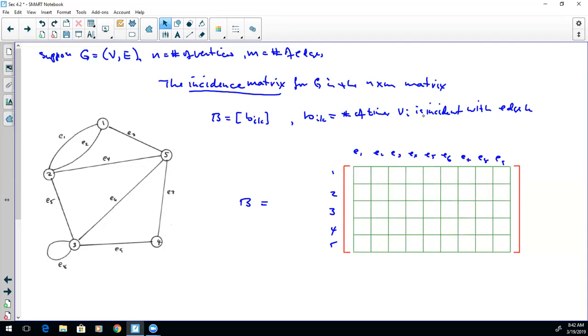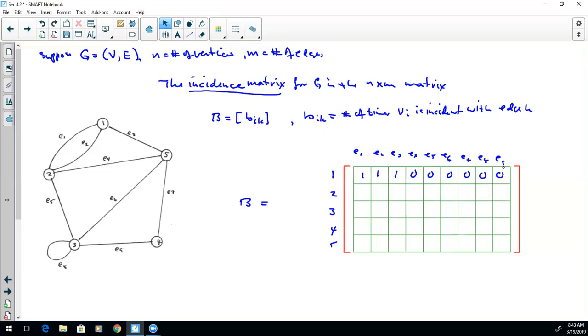If we take a look at vertex 1, does edge 1 touch vertex 1? Sure, one time. E2 is an edge that has vertex 1, so it's 1. E3 is 1 as well. Edge 4 does not touch vertex 1, so I put a 0 there. Nor does edge 5, 6, 7, 8, or 9.